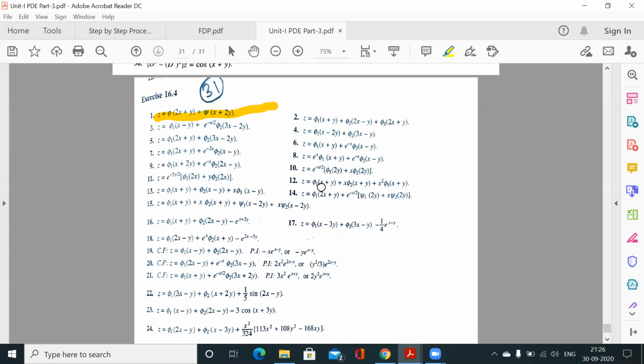Those equations are not in the form of LPD with constant coefficient, non-linear PDE, or PDE of first order, first degree. Those are some special types, standard partial differential equations. We will see how to solve those equations in the coming lectures.